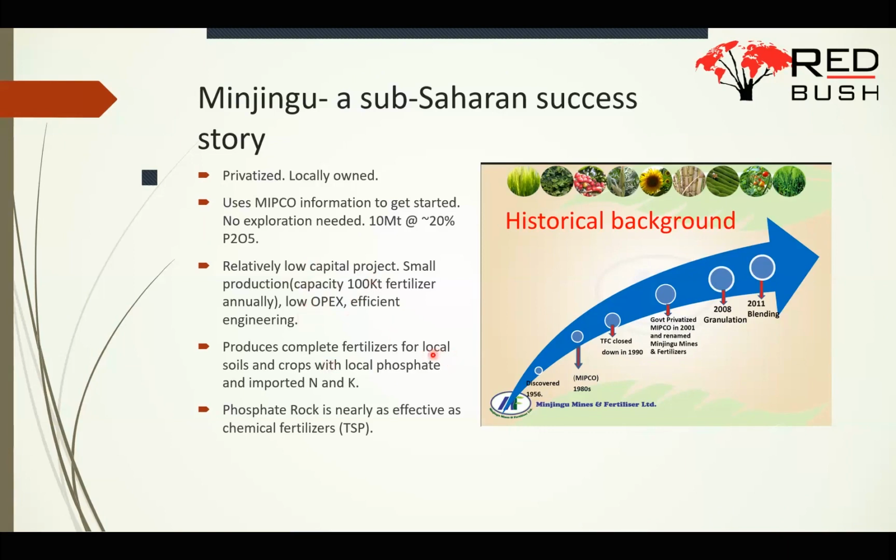It produces complete fertilizer, NPKs, and it also produces a very high-spec organic fertilizer for the specialty market. Okay, so that's where we're going to go with that one.